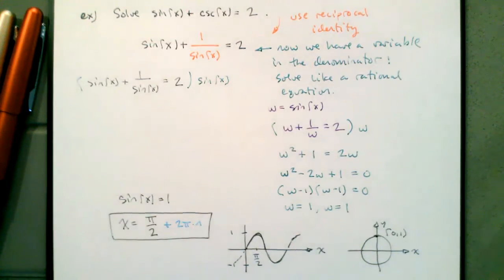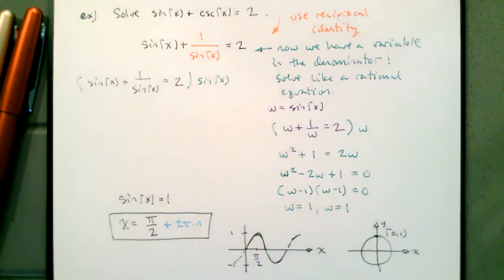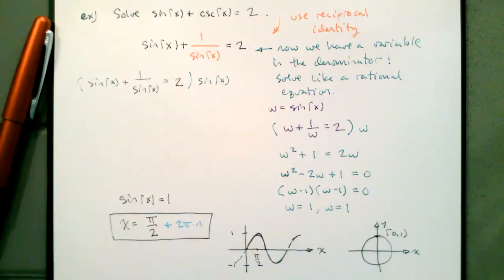This relies on our strategies for solving rational equations, solving an equation where the variable appears in the denominator. One strategy is to multiply by the common denominator to get a polynomial equation. And so all the same stuff happens.